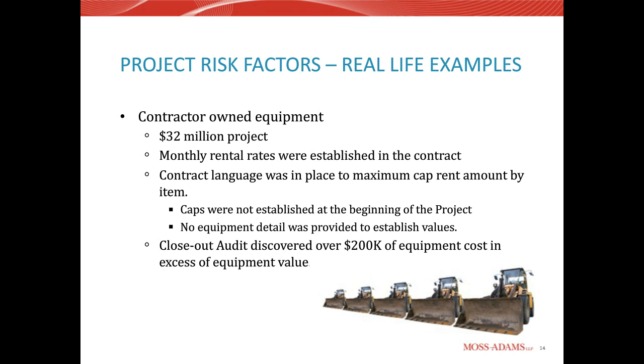For example, laptops usually have a cap value of somewhere between $1,200 to $1,500, but the total rent charge per laptop was between $8,000 and $10,000 on this project. So the owner basically paid for that laptop 4 to 5 times over, and luckily we were able to catch that at the end of the project, and there was credit given.